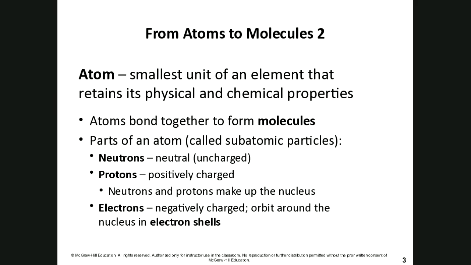The parts of an atom: neutrons, which are neutrally charged, are in the nucleus. Protons are positively charged, and they're also in the nucleus. And then the electrons, the ones responsible for making bonds and forming molecules, orbit around the nucleus in what we call electron shells.